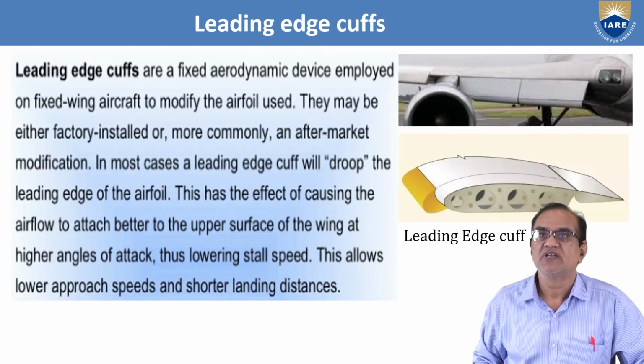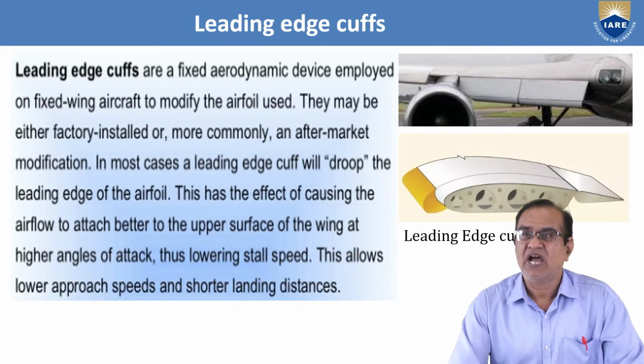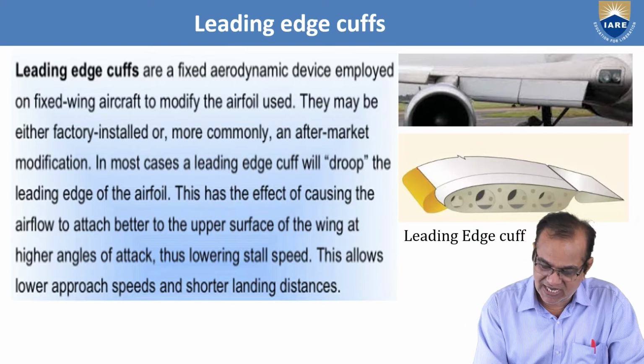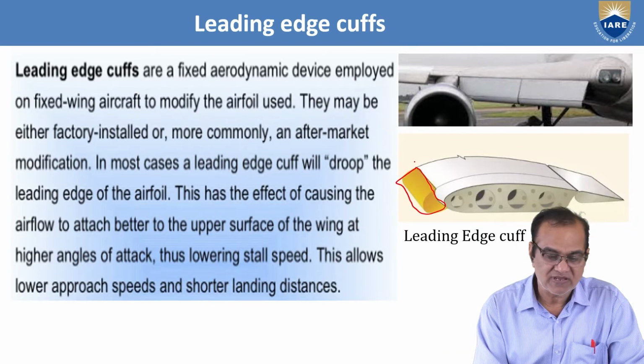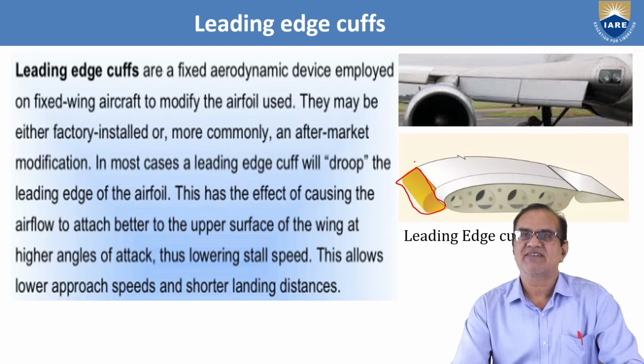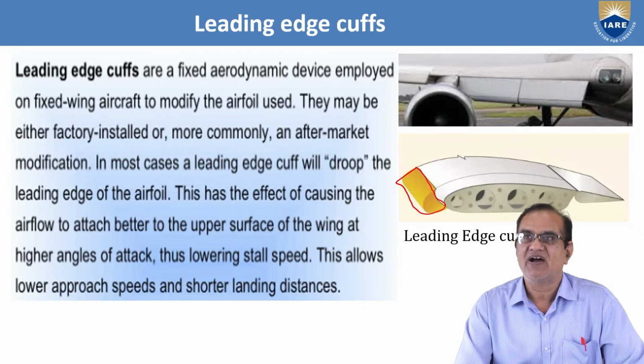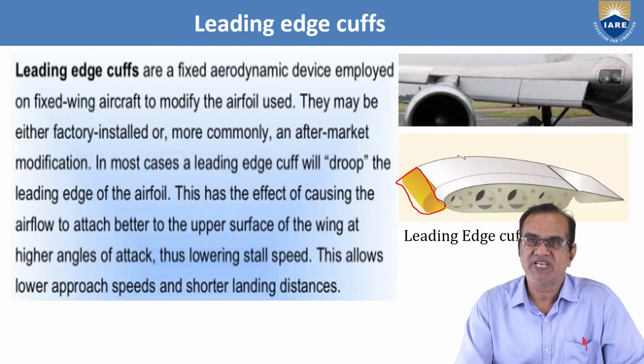Next is the leading edge cuff. Here you can see the yellow color. This is the leading edge cuff. Leading edge cuffs are a fixed aerodynamic device employed on a fixed wing aircraft to modify the airfoil used. They may be either factory installed or, more commonly, an aftermarket modification.